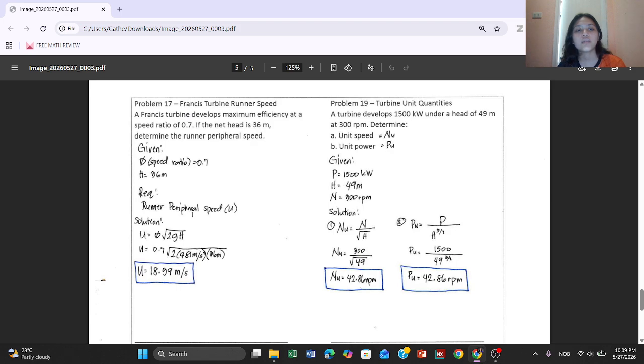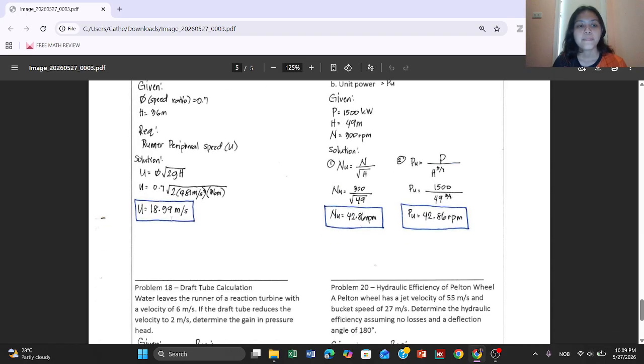For the formula of the runner peripheral speed U, it is equal to the speed ratio times the square root of 2 times gravity times the head, which gives a runner peripheral speed of 18.59 meter per second.